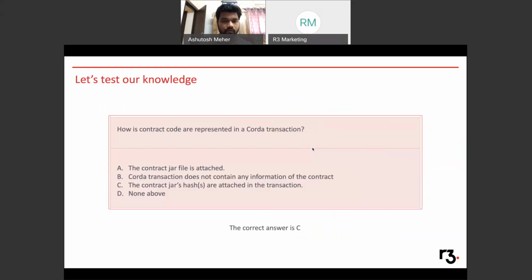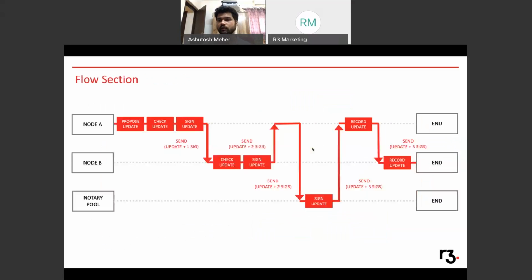Okay, so we were here. Let's move on to the next section, which is our flows, right? What exactly are flows? Like we said earlier, these are the things which you use to model your business workflows. Every organization has certain business processes that they follow, right?